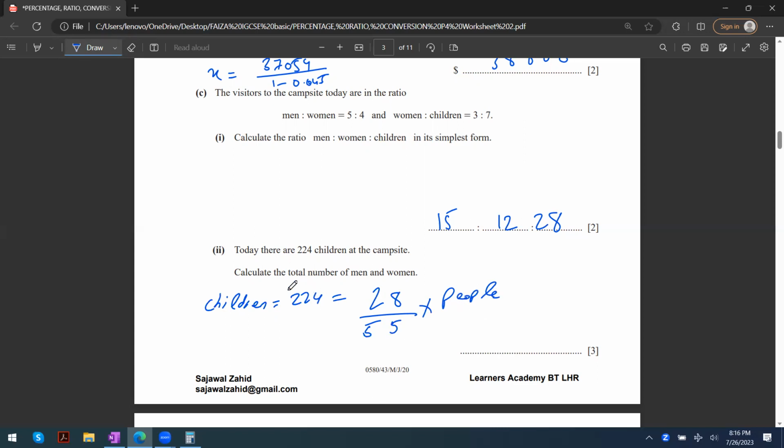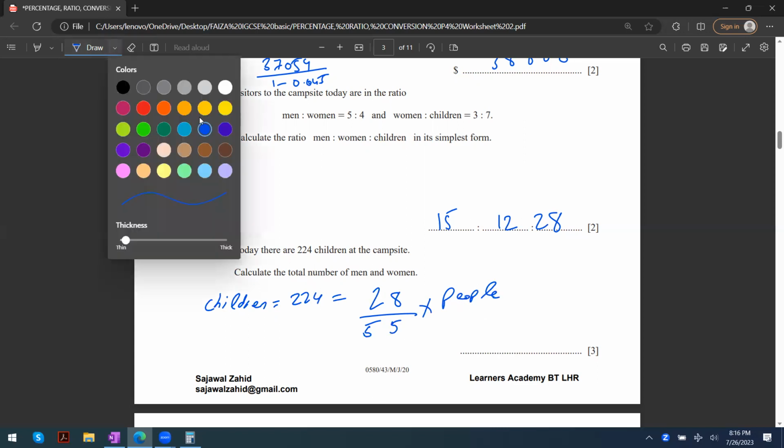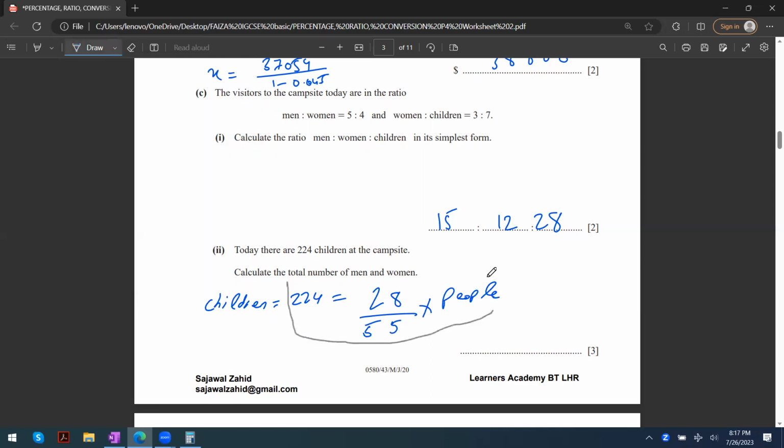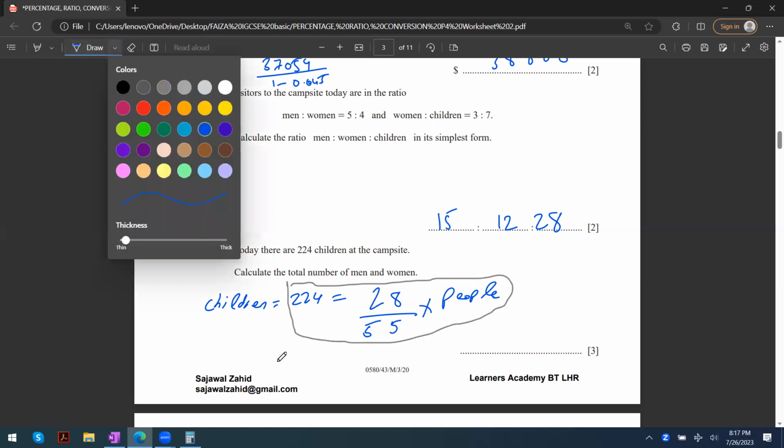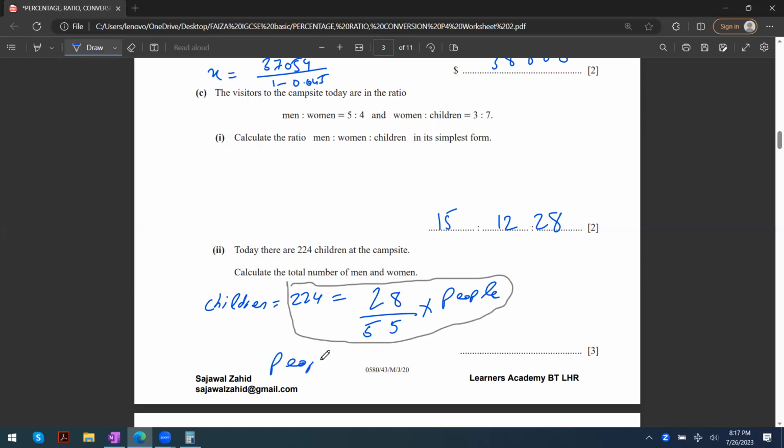So you can use this equation to calculate the people first. People will be 55 times 224 divided by 28. There are 440 people.